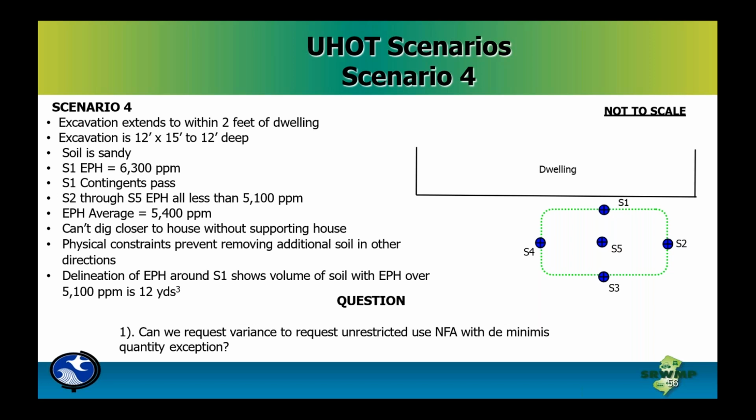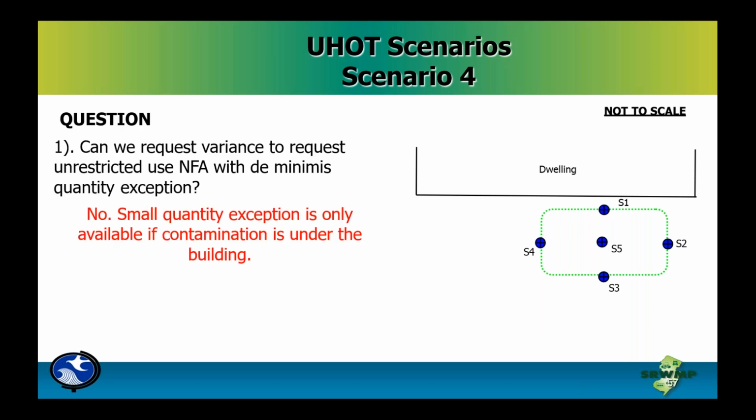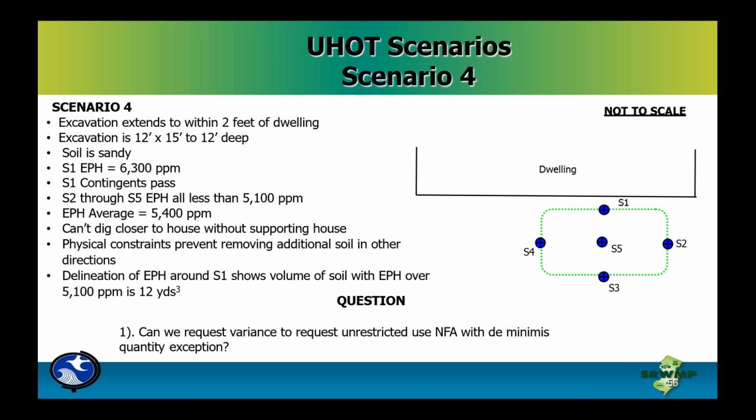And we have our EPH average of over 5,100 here. So now we're going to request a variance to use the de minimis. Obviously, the answer to that is going to be no. So we're going to have to come up with another way to address this, and that would probably get to our other scenarios, taking additional samples around S1 and what we might be able to do.